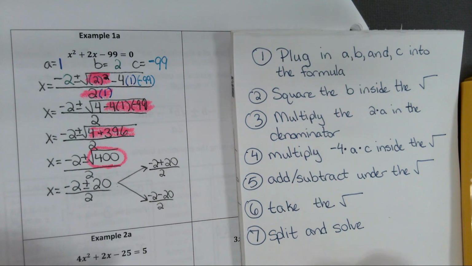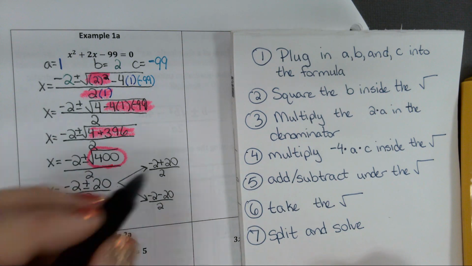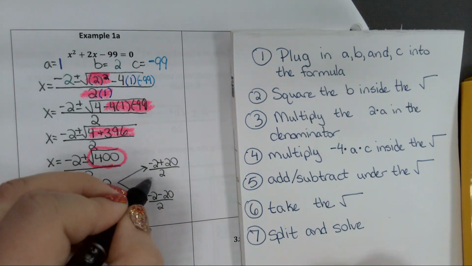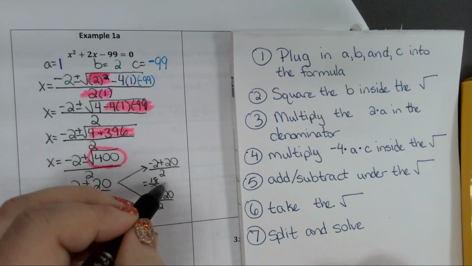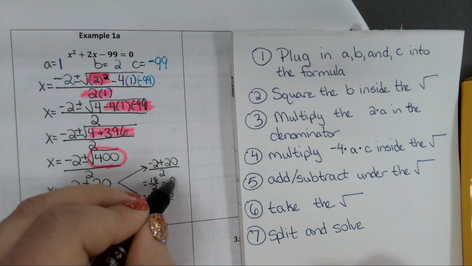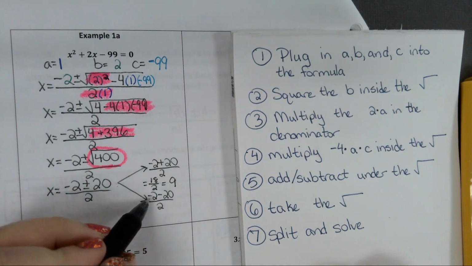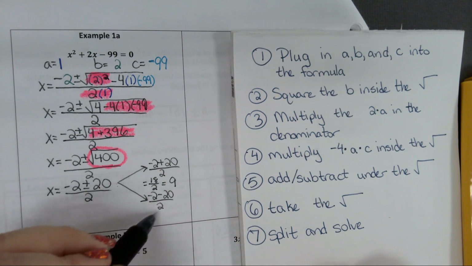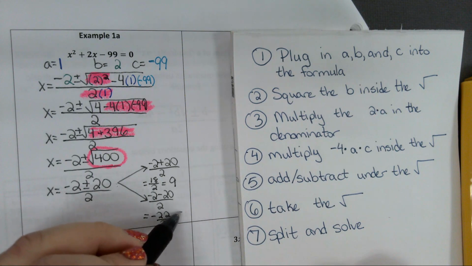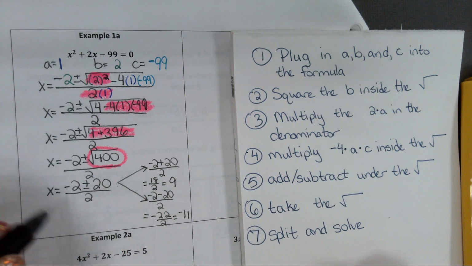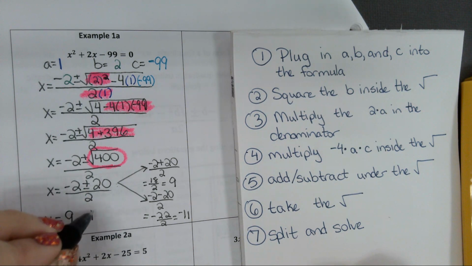So we have -2 plus 20 equals 18 over 2, and 18 divided by 2 is 9. -2 minus 20 is -22, divided by 2 is -11. So my solutions are x equals 9 and -11.